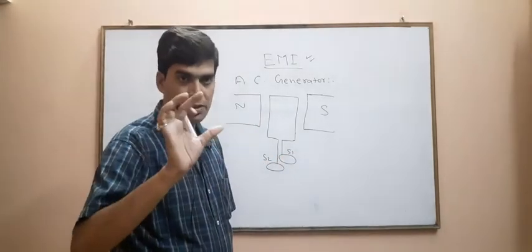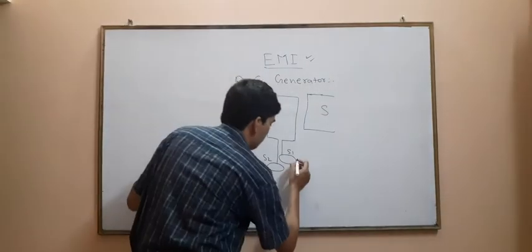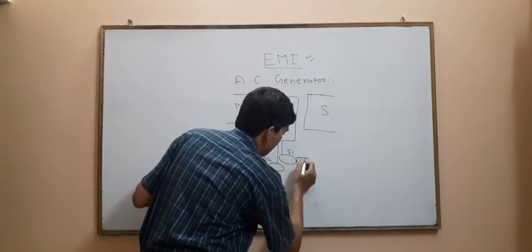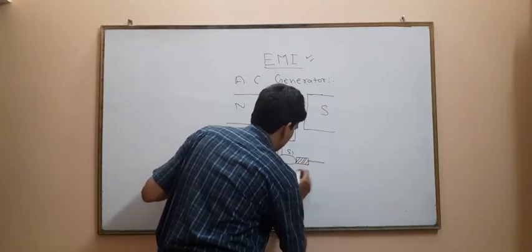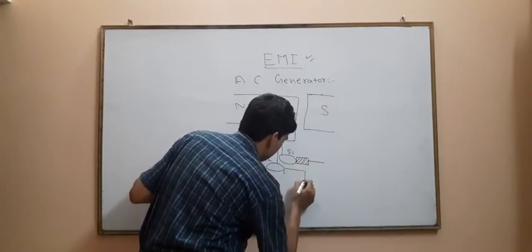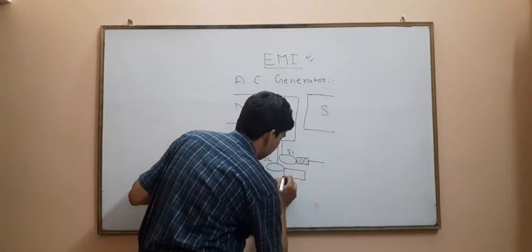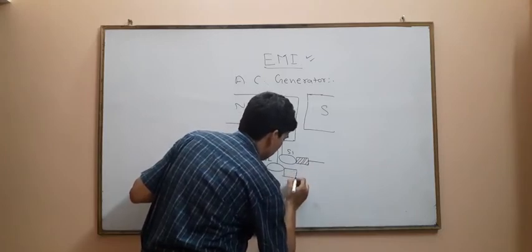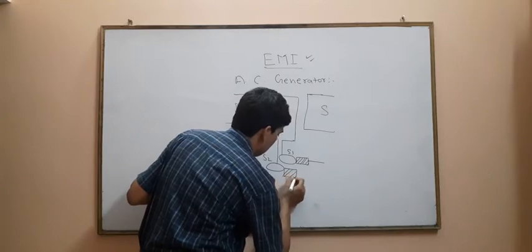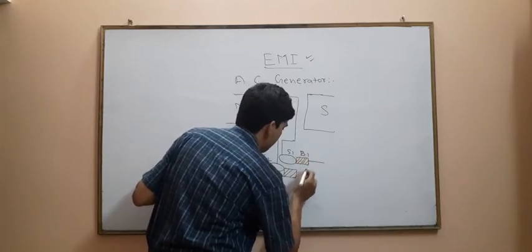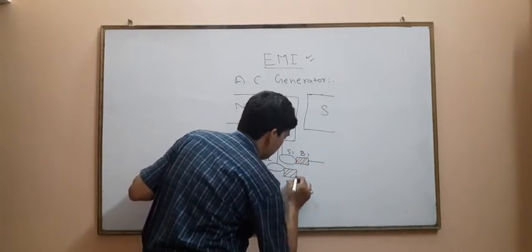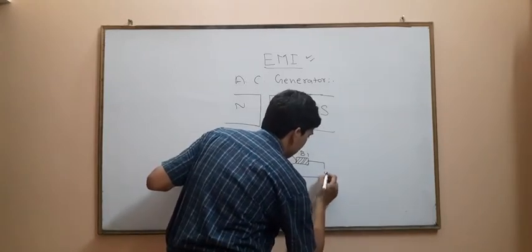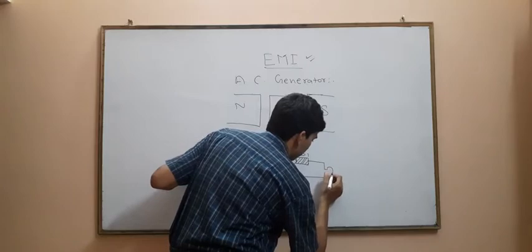If you have any problem, please zoom in, and the things will be visible to you. And the slip rings are connected with carbon brushes, as in the electric motor. This carbon brush is B1 and this one is B2. Now these two are connected with an electric bulb.